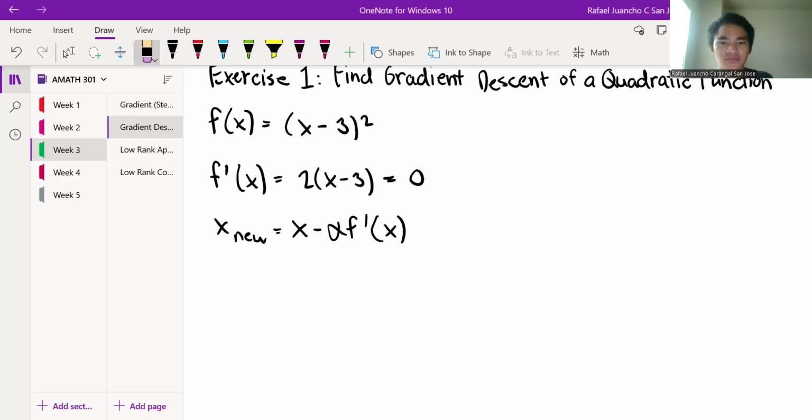So here's the idea. x old minus alpha f prime of x old. So our old x, the one that we're going to be plugging in, and then we're going to get something new. So let's follow that formula. We're going to make some initial guess. We know it's 3, but we're going to make some initial guess.